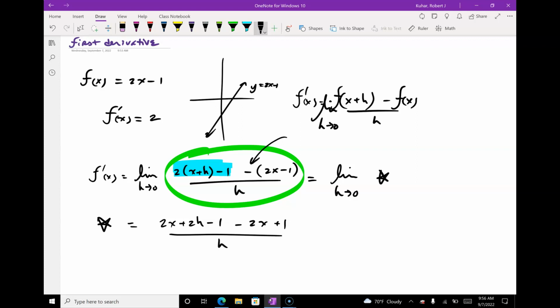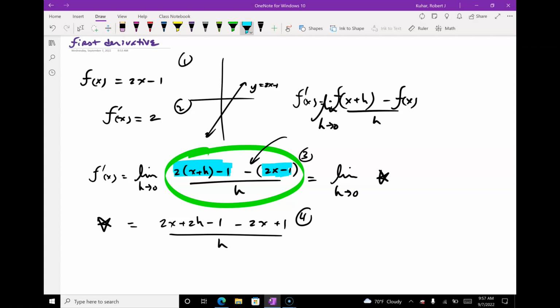Why is that equation 2x plus 1? I didn't change it. It's 2x minus 1.